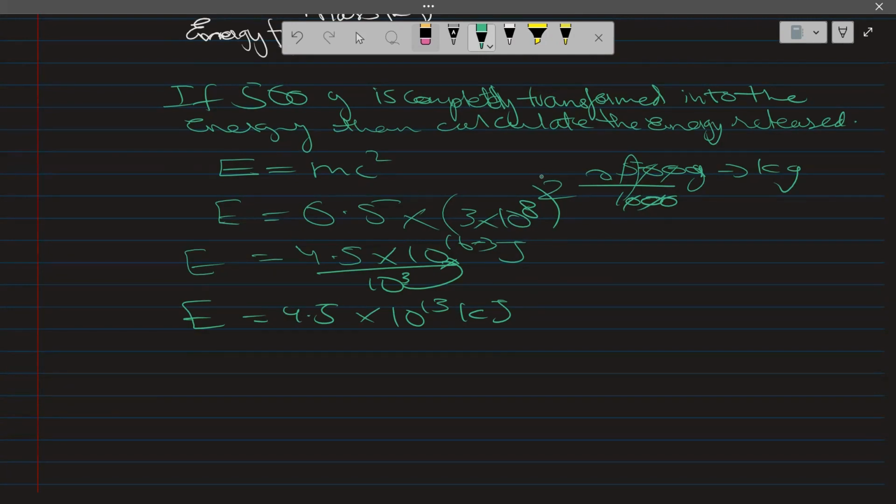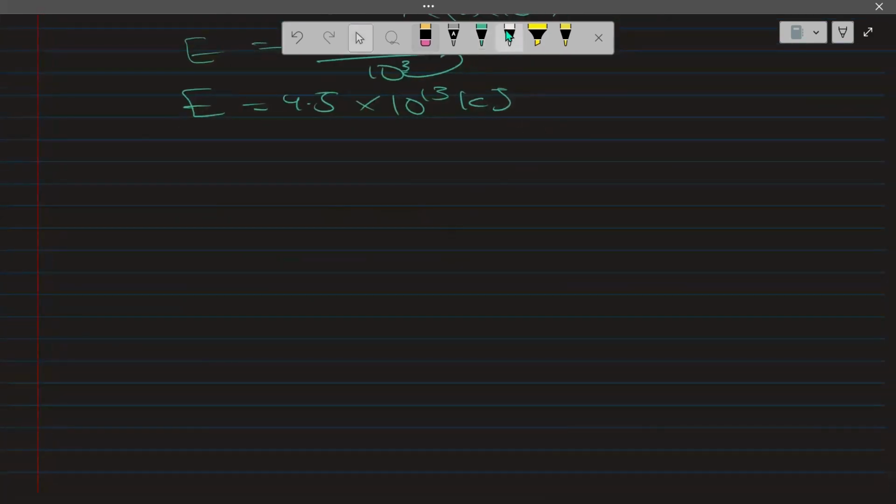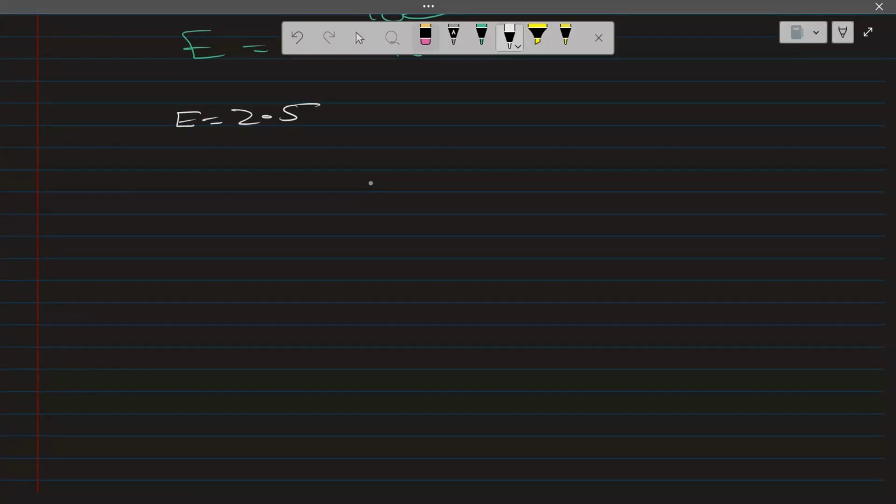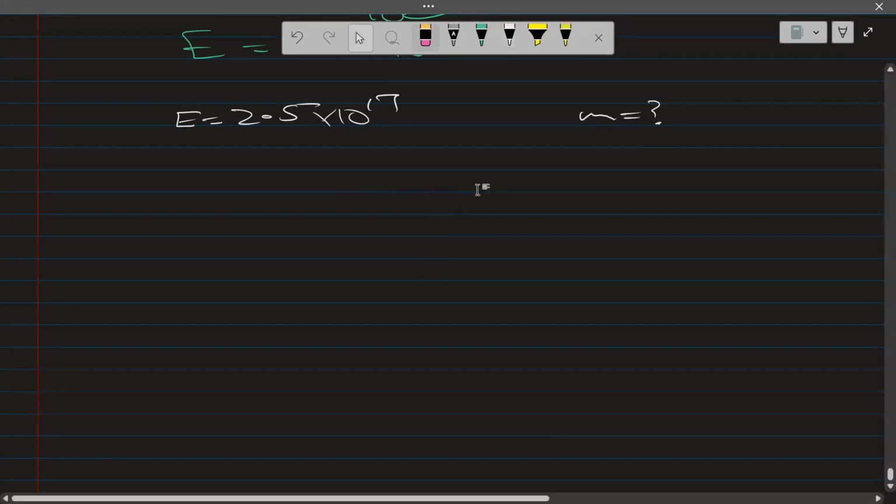Okay, so now let's do another question. In this question, the energy is given. Energy is 2.5 times 10 to the power of 17, and we have to find the mass.